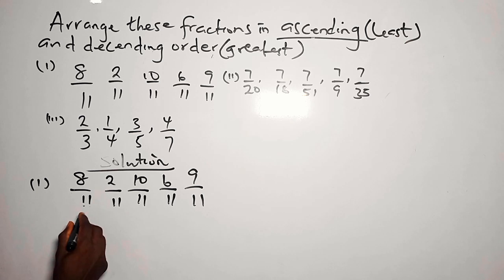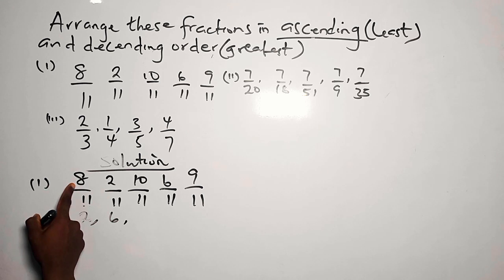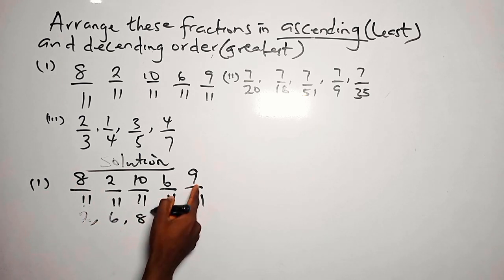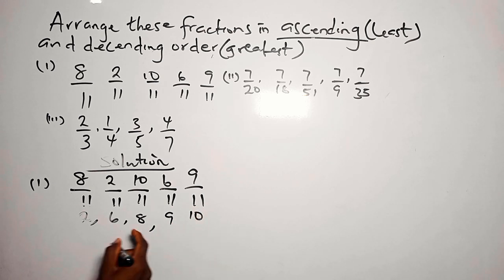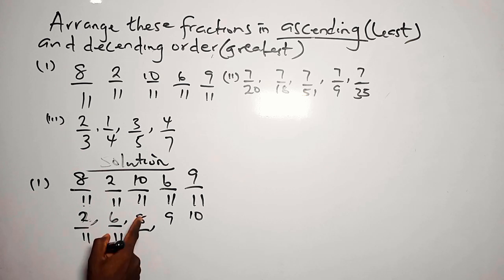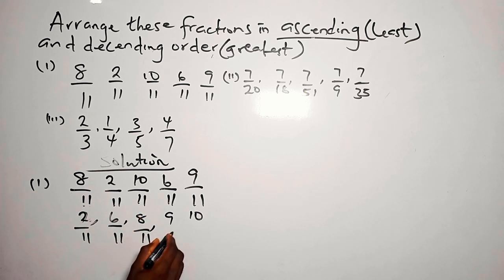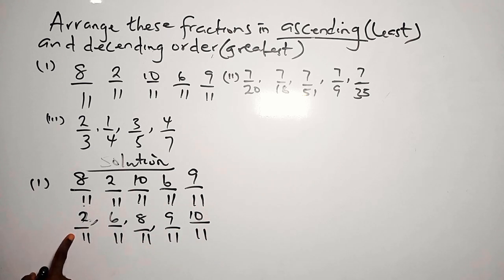So we have 2, followed by 6, 8, 9, and the last one is 10. In ascending order: 2 over 11, 6 over 11, 8 over 11, 9 over 11, and 10 over 11.